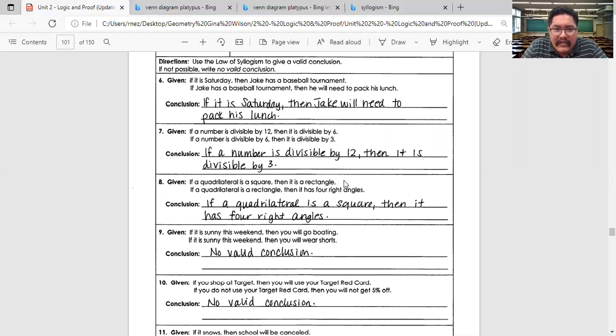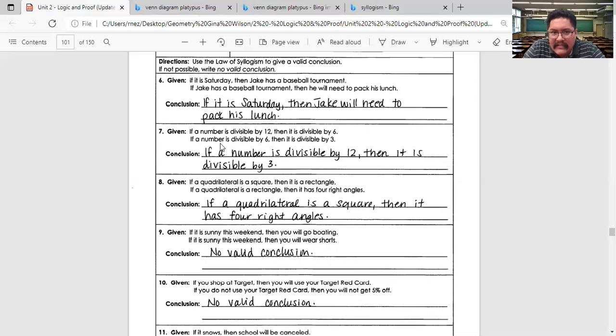All right, so let's try another one. This one's kind of a math one here. So if a number is divisible by 12, then it is divisible by 6. All right, that makes sense because there's no numbers that can be divided by 12 that can't also be divided by 6. If a number is divisible by 6, then it is divisible by 3.